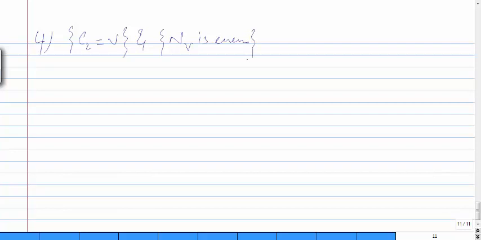Now let's see the last one. The last question is that you have to find whether C2 equal to V and NV is even are independent. It's better to write the outcomes first. For the event C2 equal to V, the second is V, so in that case DV and VV. For NV even, we have NV equal to 0 and 2.